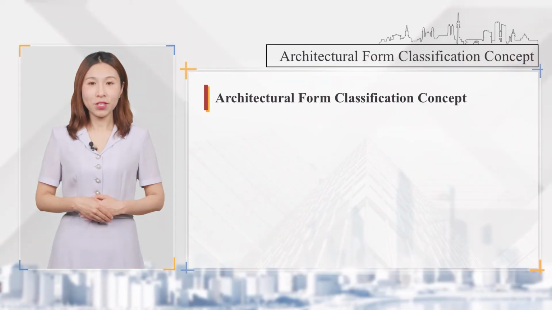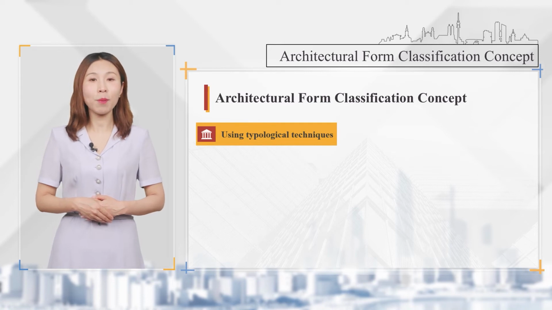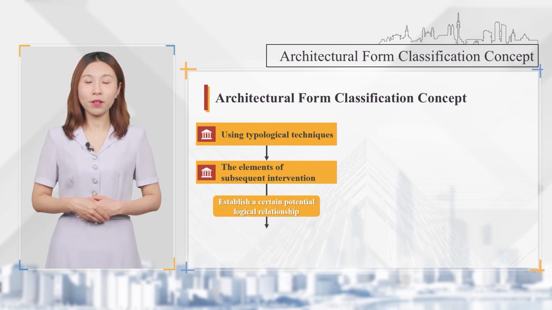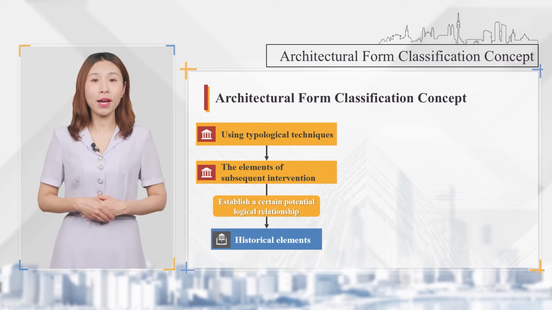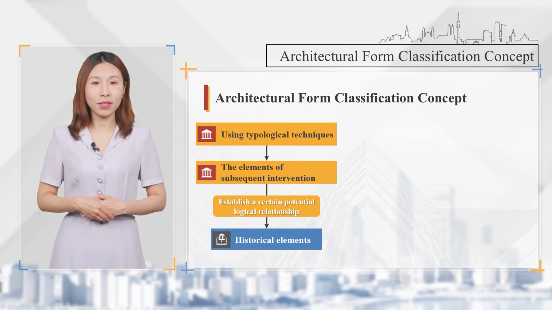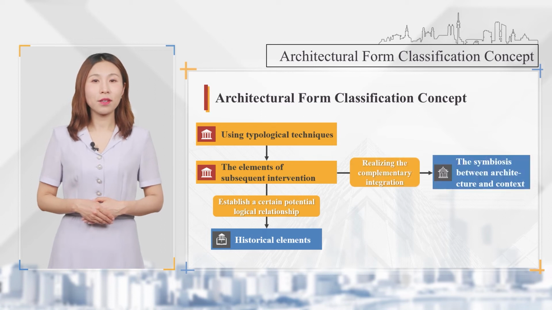Form classification in the reuse of historical building refers to the use of typology, which requires the elements of subsequent intervention to establish a certain potential logical relationship between historical elements and, in a deeper sense, strengthen the authenticity of historical building, thus realizing the complementary integration of the new and old architecture in the whole relationship.